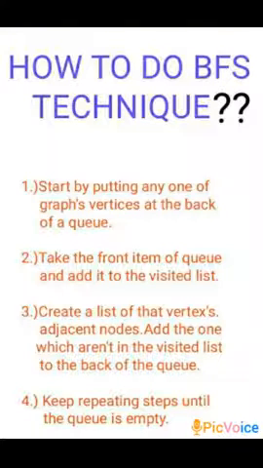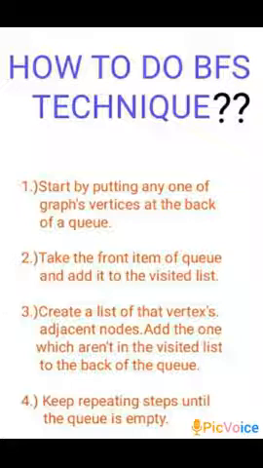Now we have another question. How to do the BFS technique? We have seen what BFS is and why we need BFS, and we do BFS by following the given rules. Start by putting any one of the graph's vertices at the back of a queue.